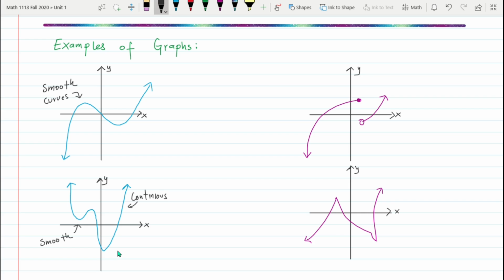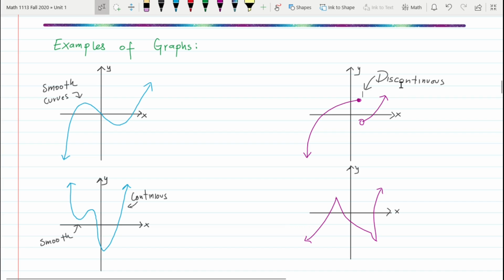This right here on the top right, it's discontinuous. Because if you were trying to draw this with your pencil, you would be coming from here, going all the way up to here, and then you have to lift it up and start over down here.